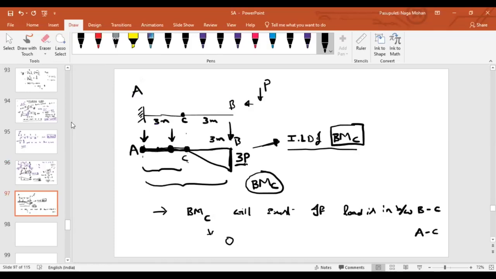No, it's not. It may look like, but what we are talking about is ILD for bending moment of C. It doesn't matter whether that looks like it or not.